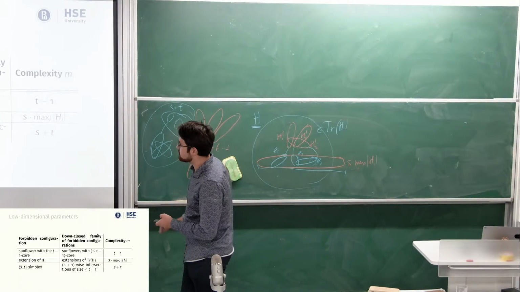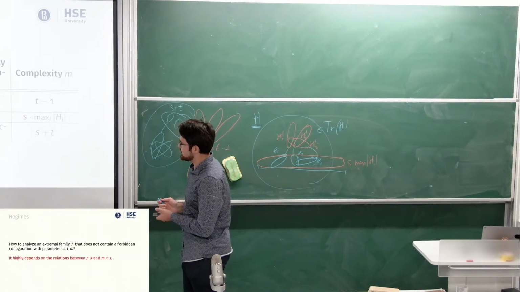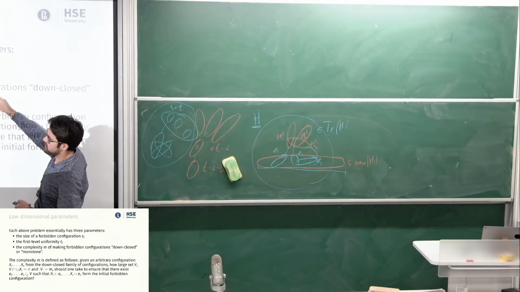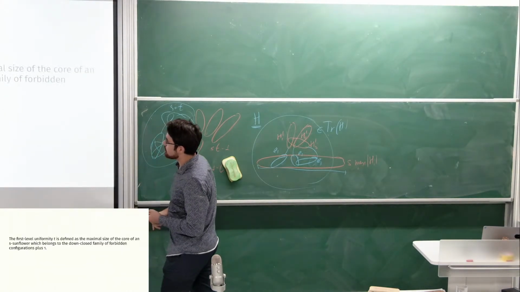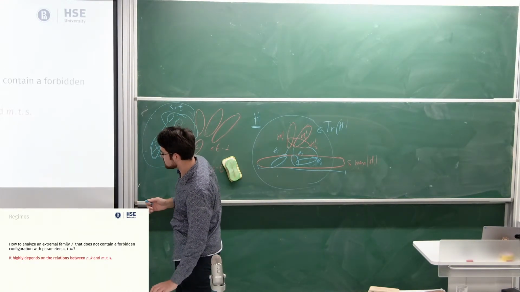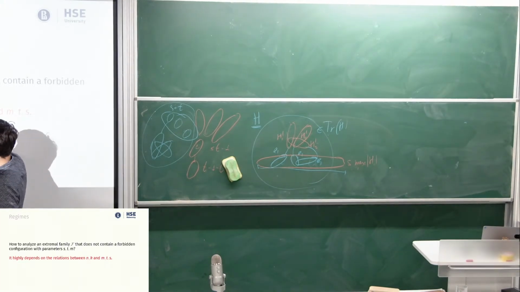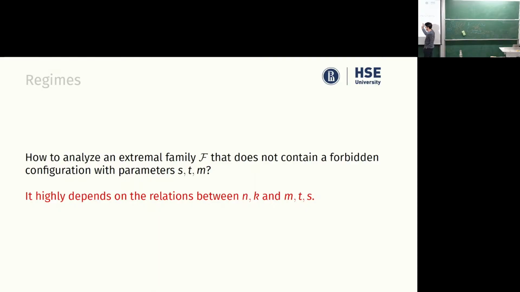And a new question arises. Given these three parameters, could we obtain extremal set theory results for them, given n and k additionally?